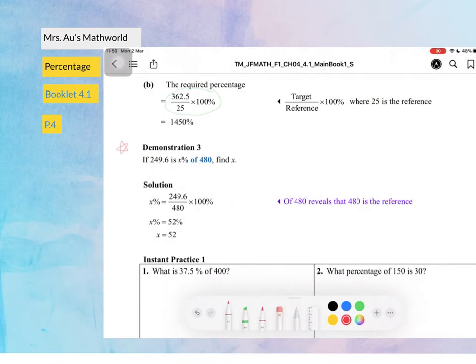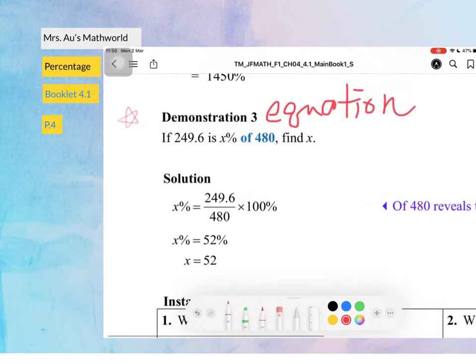Another kind of question is an equation. For the equation, you need to check the English carefully. Usually there are keywords like is, which gives equal. So you get 249.6, and you want to check how many percent of 480 becomes this. No worries, just copy the values, because the question already gives you the meaning.